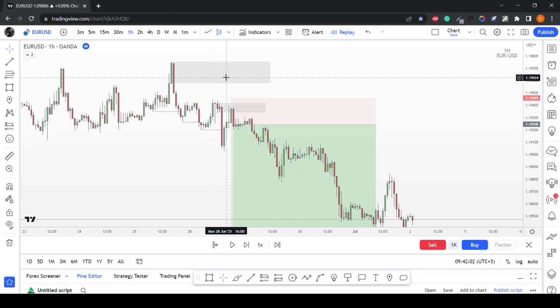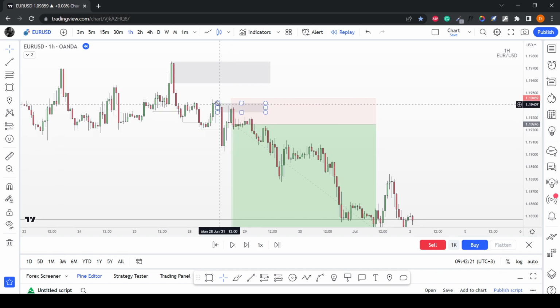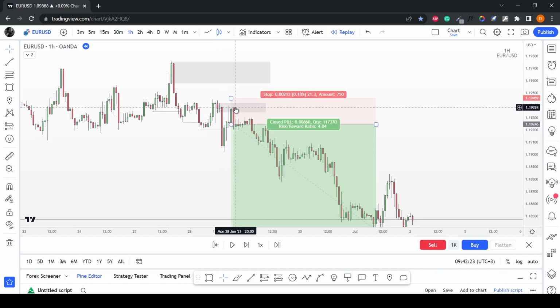I just wanted a bit deeper mitigation, and I completely missed the move. But at the same time, if I entered here with this break, I would most likely be break even, and then this trade would have taken me out at break even. So yeah, and at the same time, this next trade provided me an even better entry.